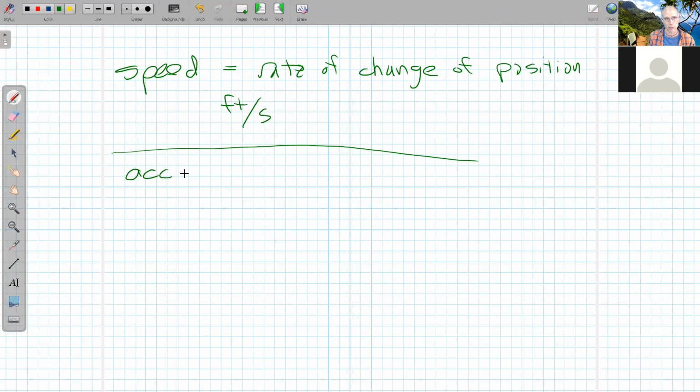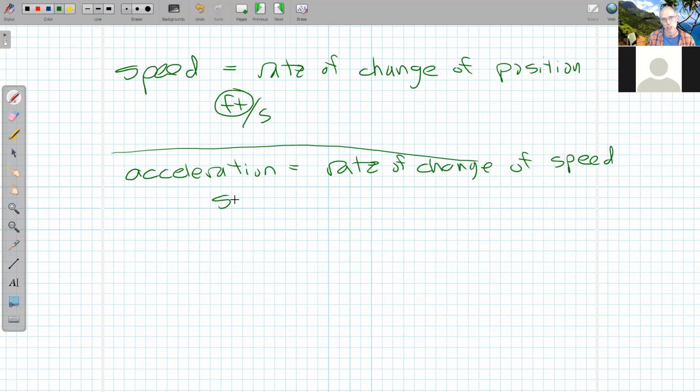So that comes to what gravity does. Gravity is a force of acceleration. And acceleration is a rate of change of speed. Like I took my position and divided by seconds, acceleration is speed per second. Speed in this case would be feet per second.